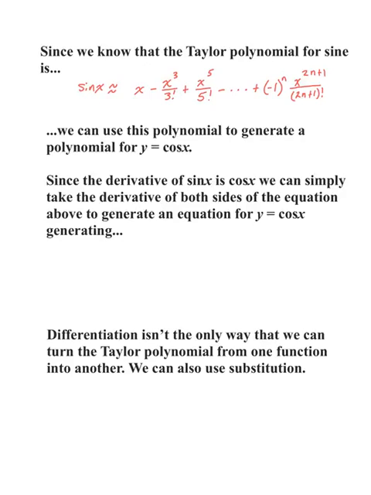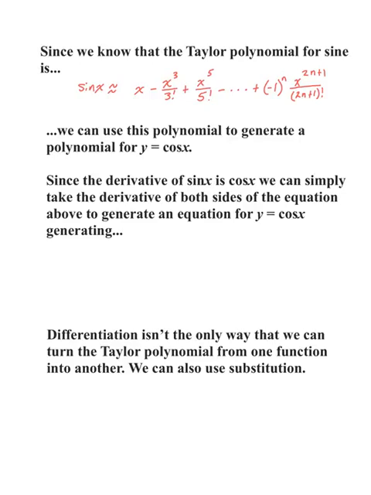Lots of different ways that we can use these Taylor polynomials. And we do that because polynomials are much easier to work with than sometimes these trig functions for approximating values at a particular point on a function.